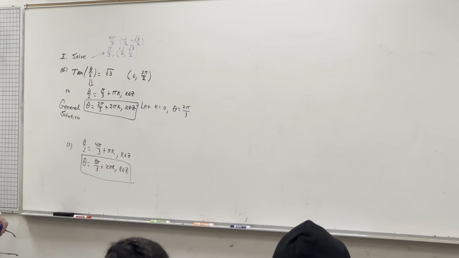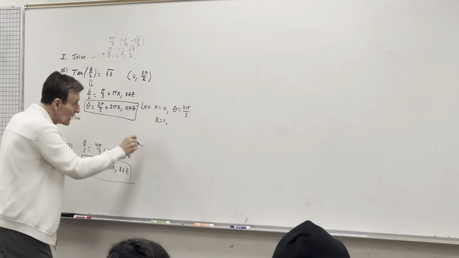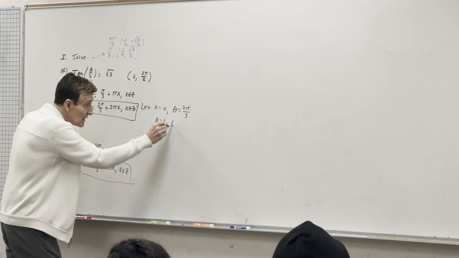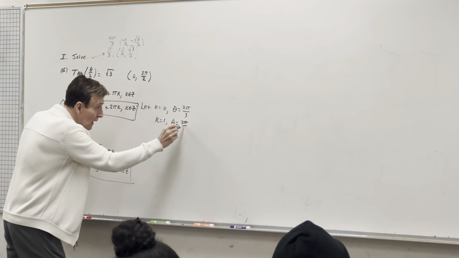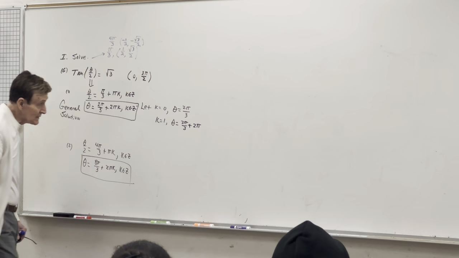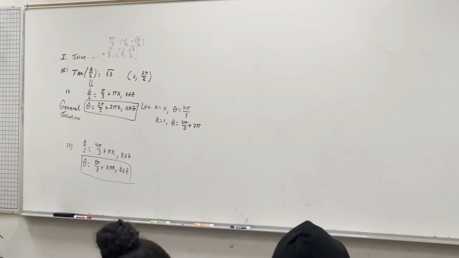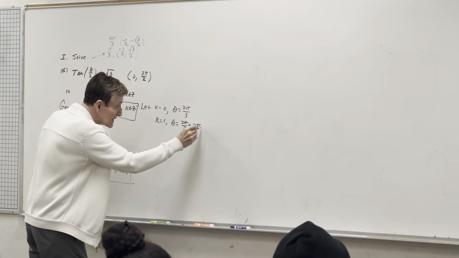Now maybe I can find another one. It all depends. I'm going to try to let k be 1. That's an integer. If I let k be 1, guys, it looks like this. Theta is equal to 2 pi over 3, and if k is 1, this becomes 2 pi on the end. Combined with a common denominator of 3, I can call that 2 pi plus 6 pi, what's that, 8 pi?